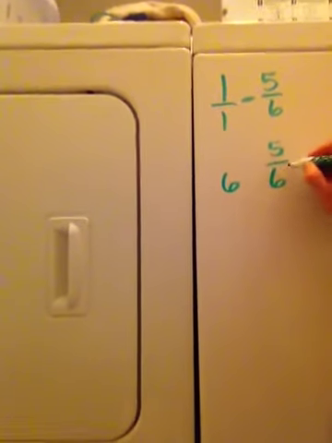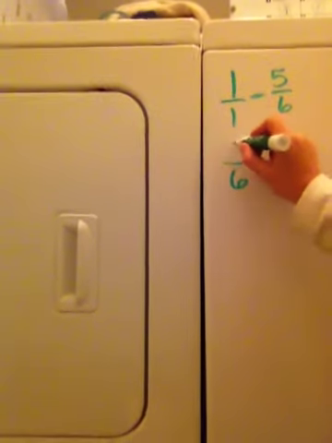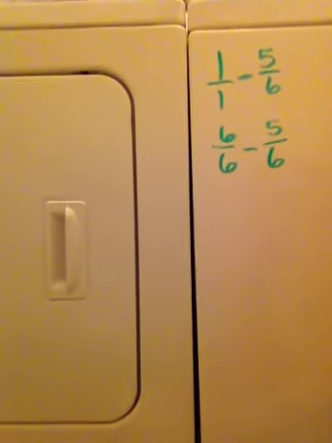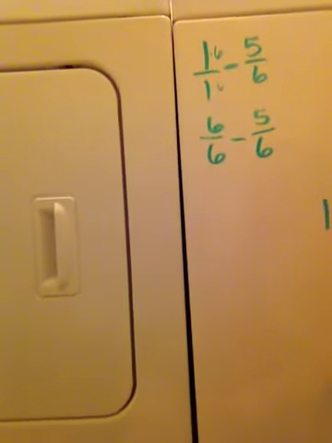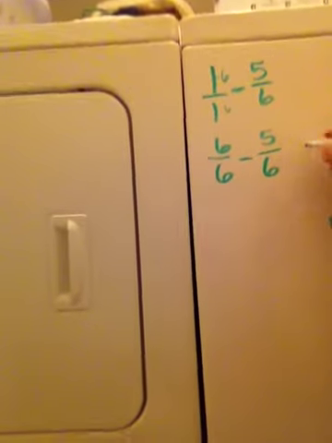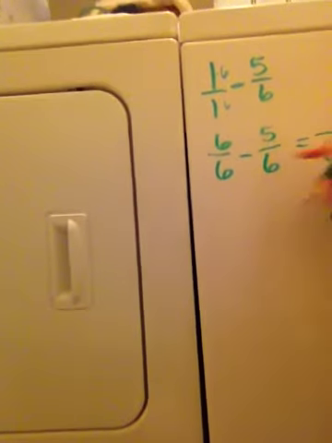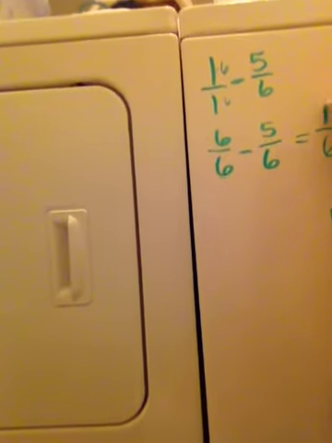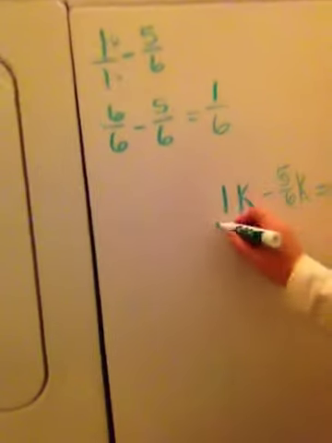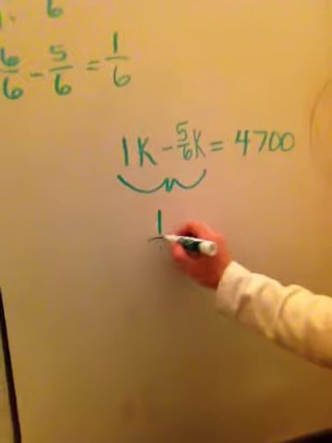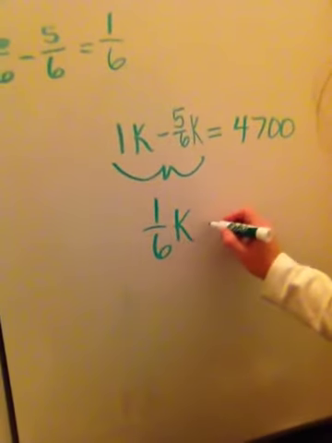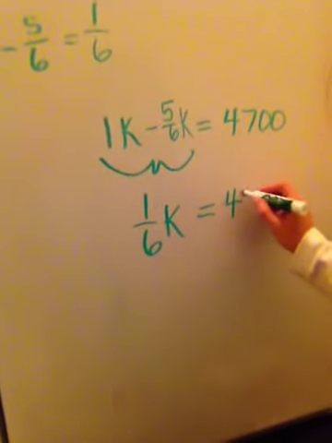So this one's going to stay 5/6. And this one's going to end up being 6/6. I multiply this by 6 and that by 6. So I keep my denominator of 6, and 6 minus 5 is 1. So here I end up getting 1/6 K equals 4,700.